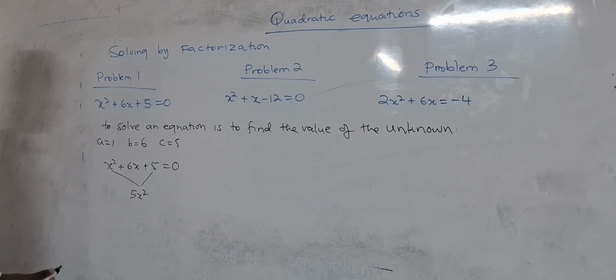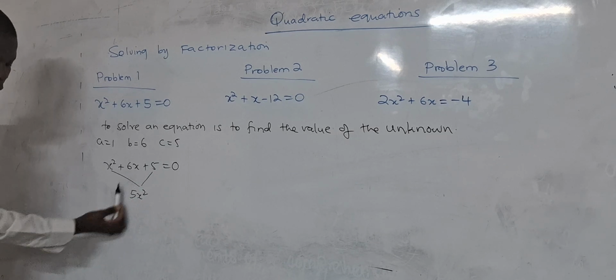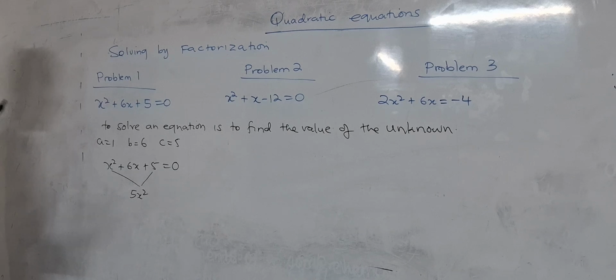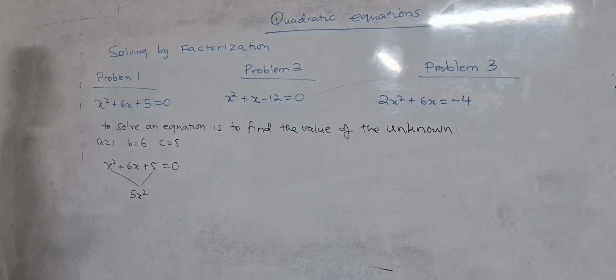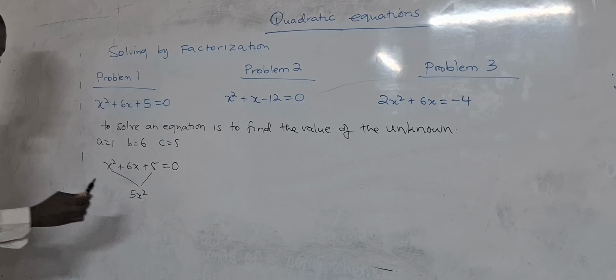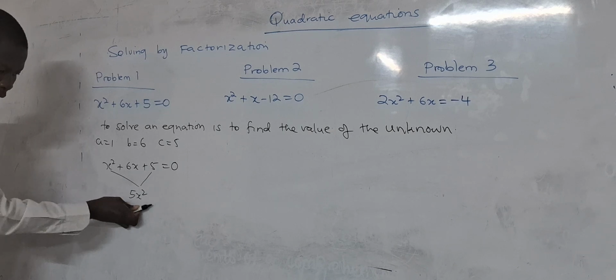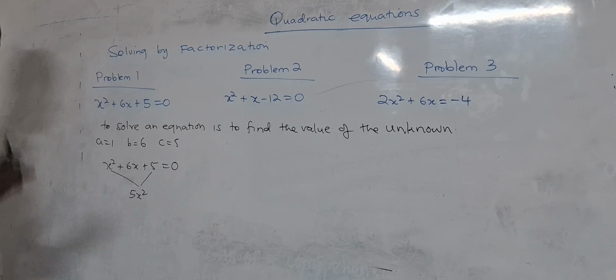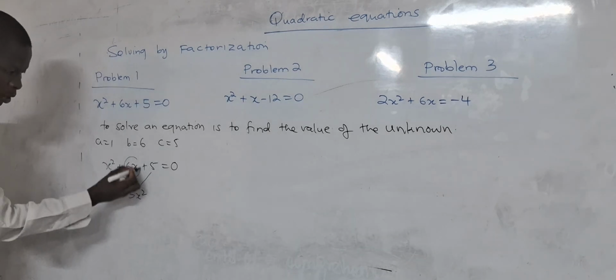Step number 2, you find two factors of 5x squared. If you multiply the two numbers, you are supposed to get 5x squared. And if you add the two numbers, you are supposed to get 6x.